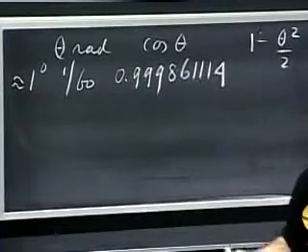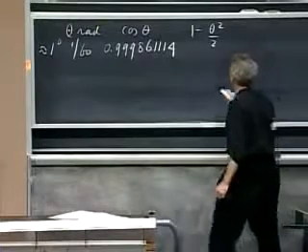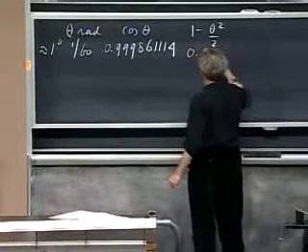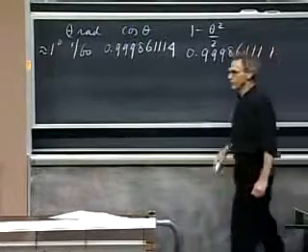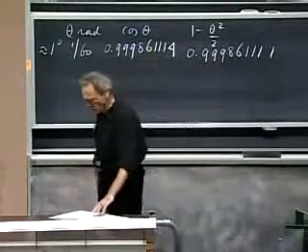Then I calculate what 1 minus theta squared over 2 is, and I find 0.999861111. That is very, very close.